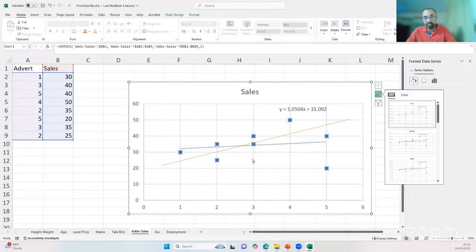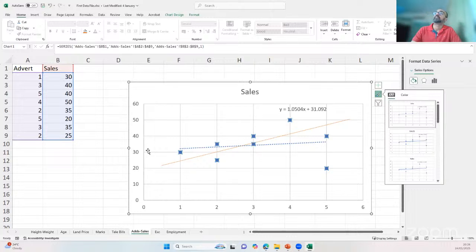So this is a kind of risk. So now you can clearly see, right? This line does not really represent the general pattern. Okay. It does not really represent the general pattern.